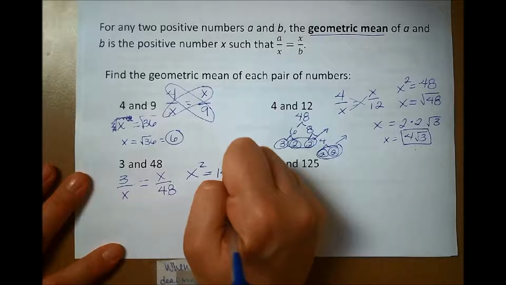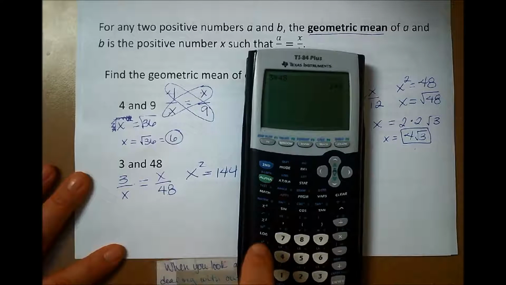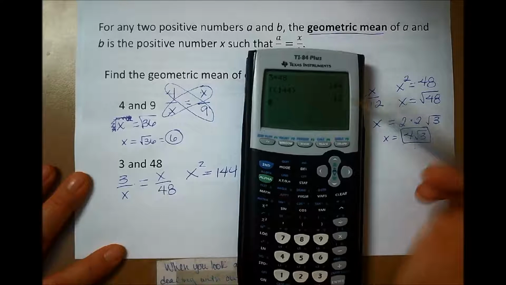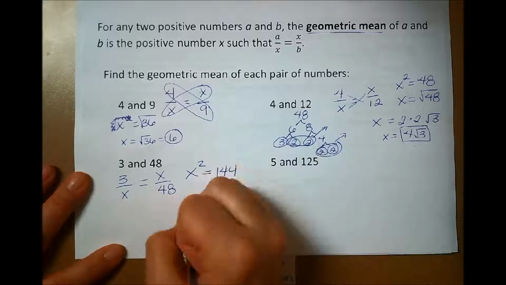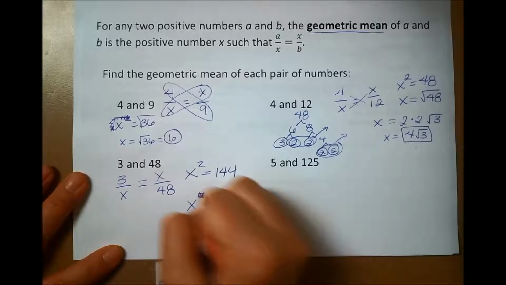Now, if you were old, like me, you would know what that is the square root of. If you don't know, you just plug it into your calculator first, see if it comes out nice and even, and it does. The square root of 144 is 12. So x equals 12.